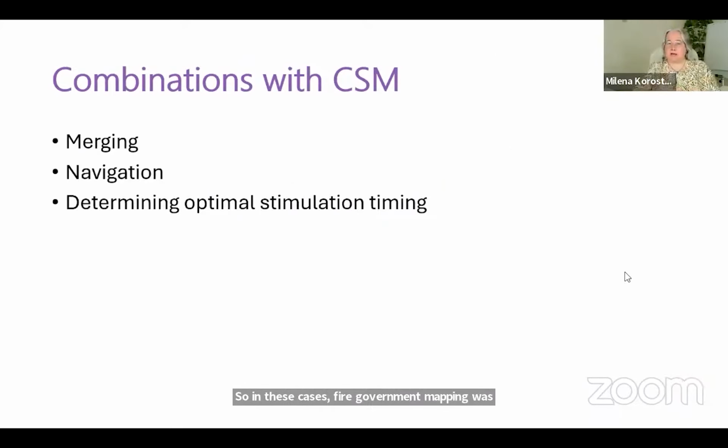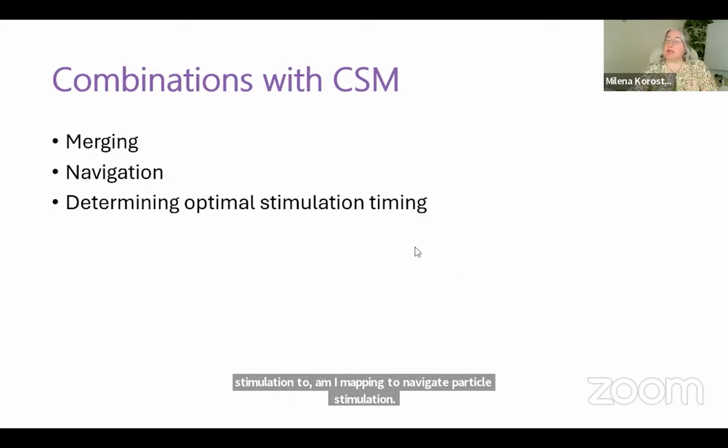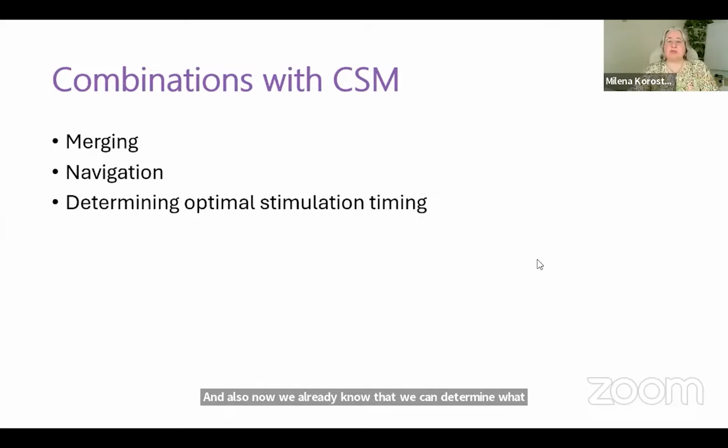Next, other approaches, we can combine it with cortical stimulation. We see that they actually can go hand in hand. In many cases, we can merge them. We can use high gamma mapping to navigate cortical stimulation. And also now we already know that we can determine optimal stimulation timing, which is very important.